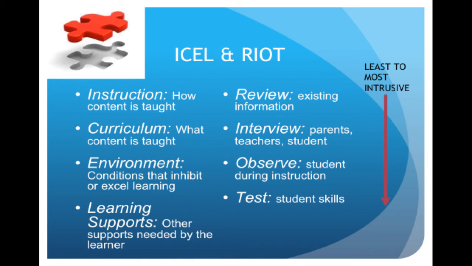Environment includes the conditions that may inhibit or excel a student's learning. Many times, through the development of an IEP, accommodations are developed around what environmental modifications the student may need. And finally, learning supports are also a critical community connection and connection to parents. These are other supports that may be needed for the learner to access the general education curriculum.